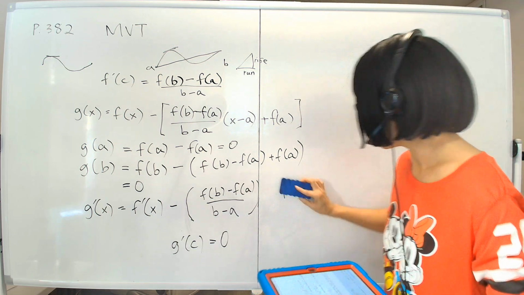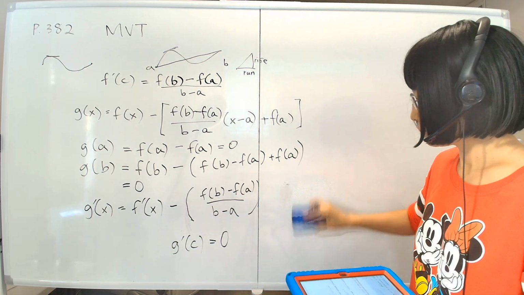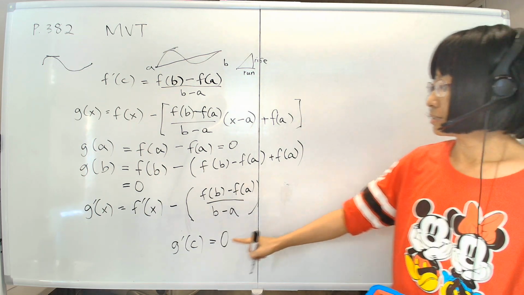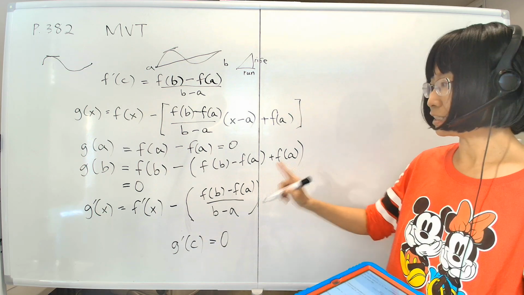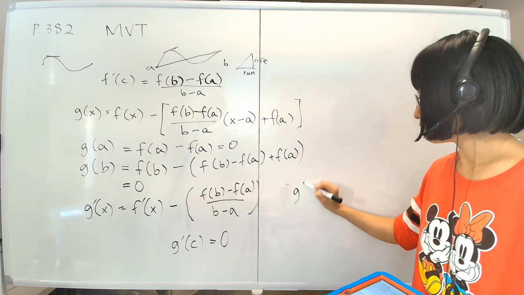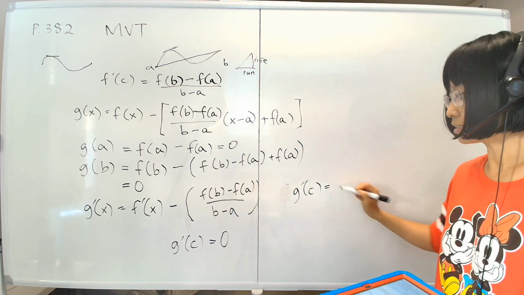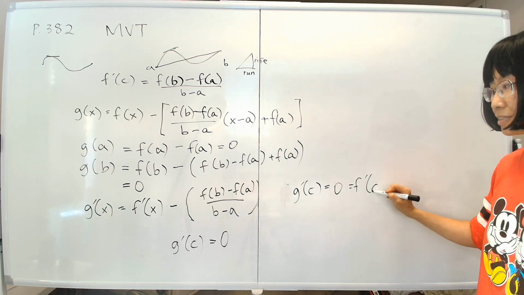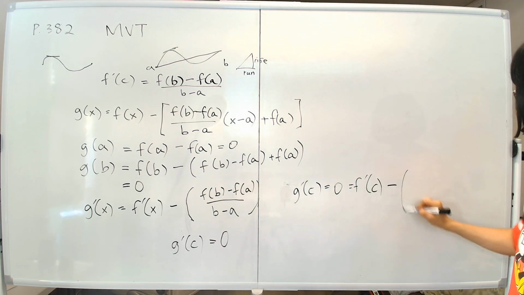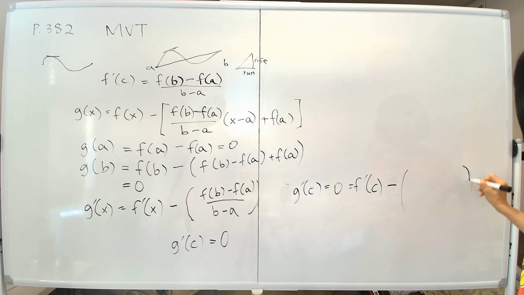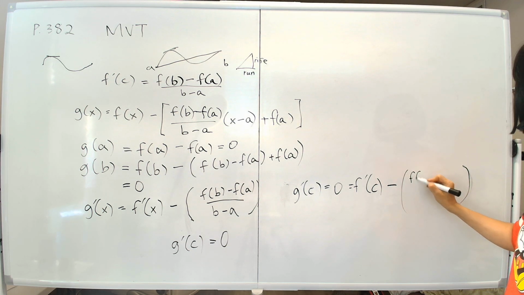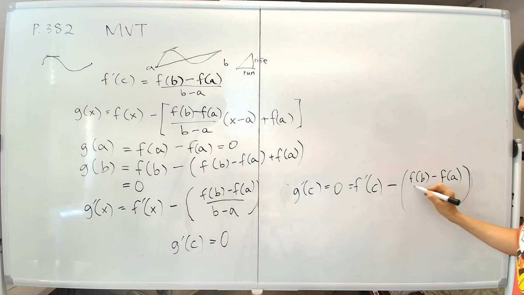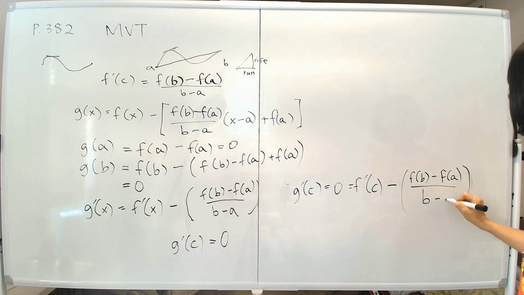There exists a c such that g prime of c is 0, which is f prime of c minus the stuff, which is f of b minus f of a divided by b minus a.